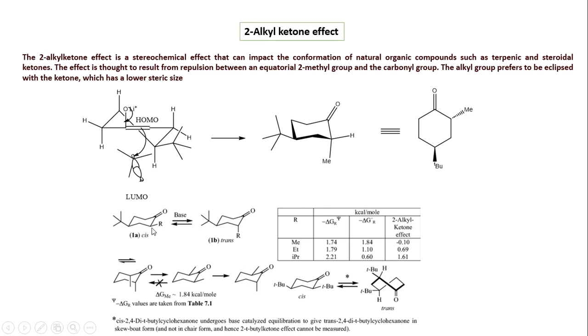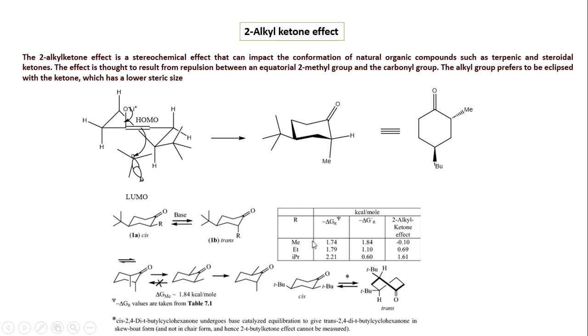We know that a large group in the equatorial position is more stable than in the axial position, but in the presence of the carbonyl group this becomes reversed, that is, the alkyl group comes to the axial position rather than the equatorial position. The equilibrium toward the axial position is shown in this diagram.